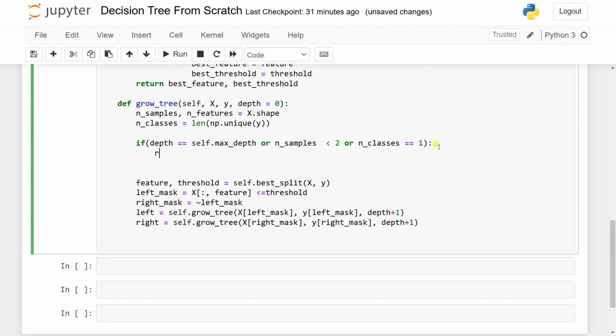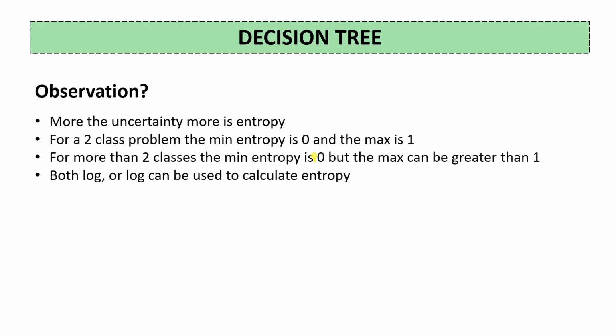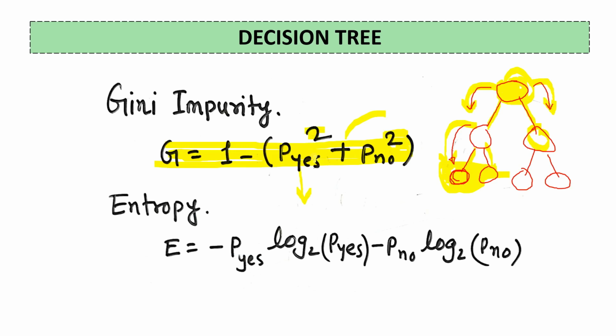So let's return the node, and you're passing the value because we don't have anything else. You can pass argmax. We're simply taking the argmax over the leaf node, creating the bincount of each data point.